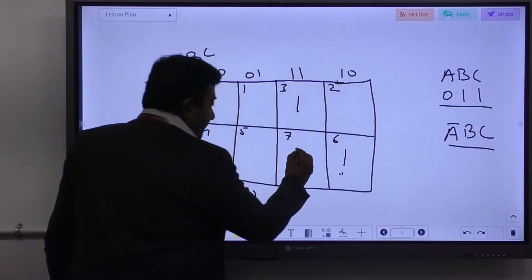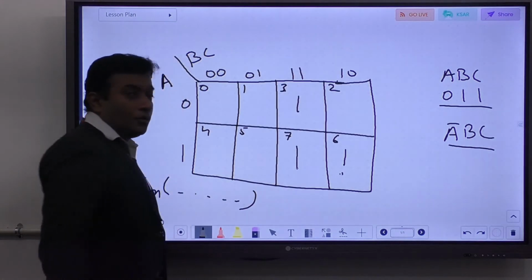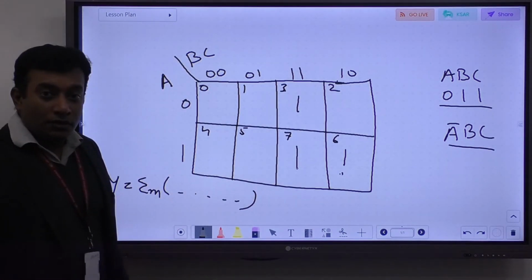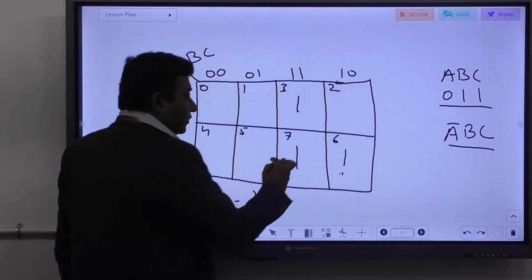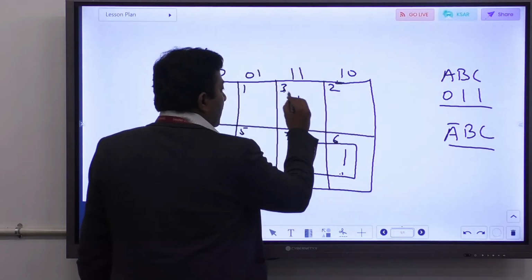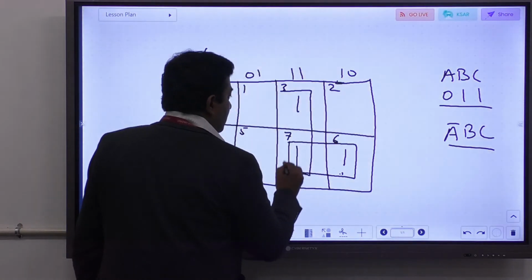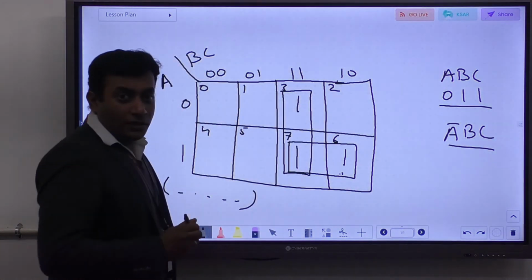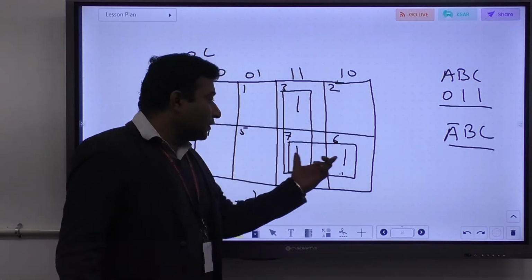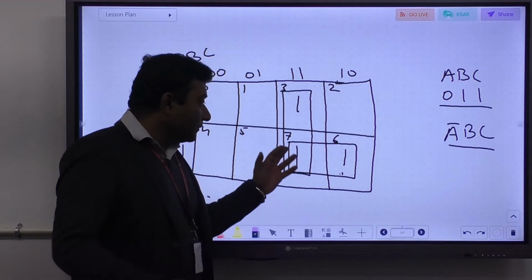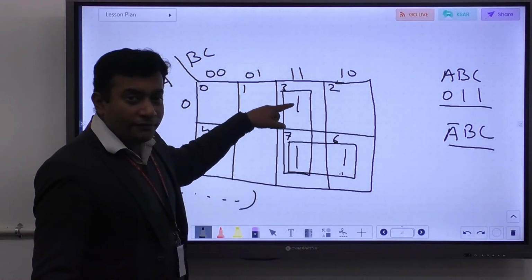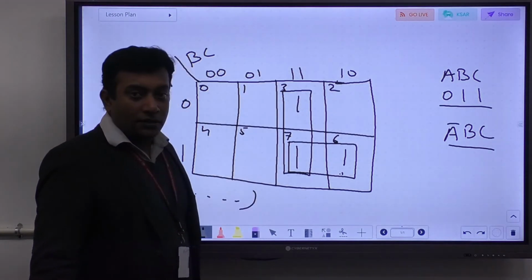But in case you have got one more minterm at this position, you can have a pair over here and again a pair can be generated over here, by using the thumb rule. If there are two minterms lying side by side, you can get them as a pair. Again, if a minterm is left, you can group it here.